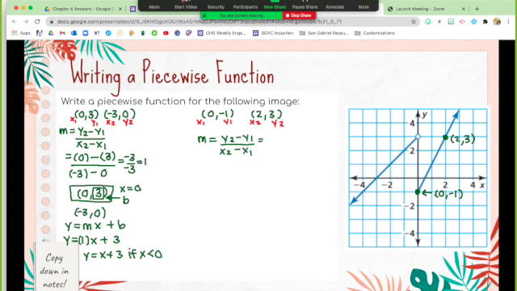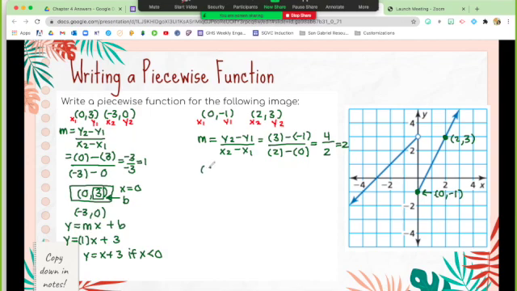That equals 3 minus -1 divided by 2 minus 0. 3 plus 1 gives me 4. 2 minus 0 gives me 2. That equals 2. So I know what my slope is now.